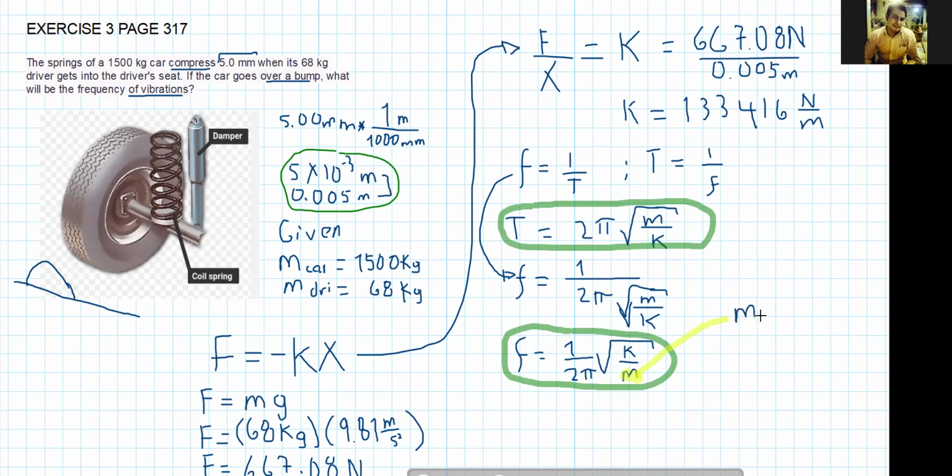So the mass of the driver plus the mass of the car, okay? The mass of the car is 1,500 and the mass of the driver is 68. So the mass that we will use here is 1,568 kilograms, okay?